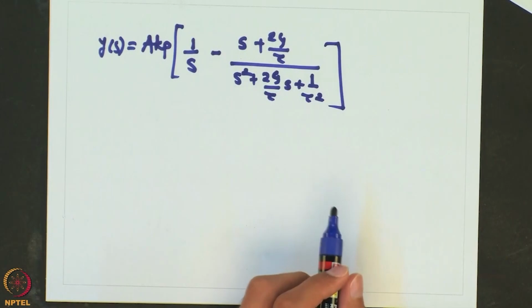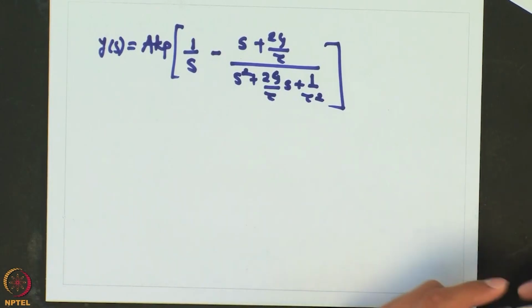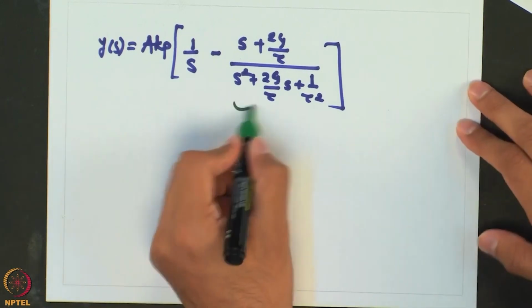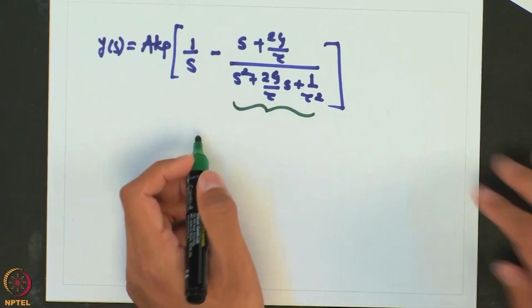Now, again I will not show you all the steps of this derivation, but what we are going to write is we are going to write this as (s + a)^2 + b^2.